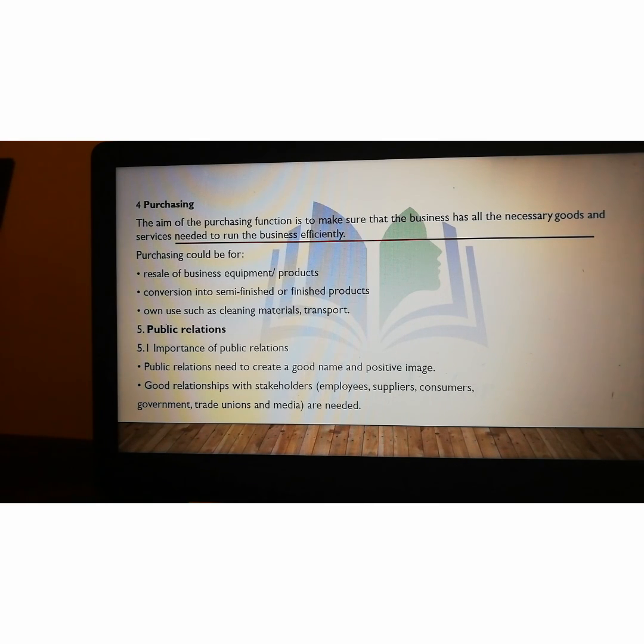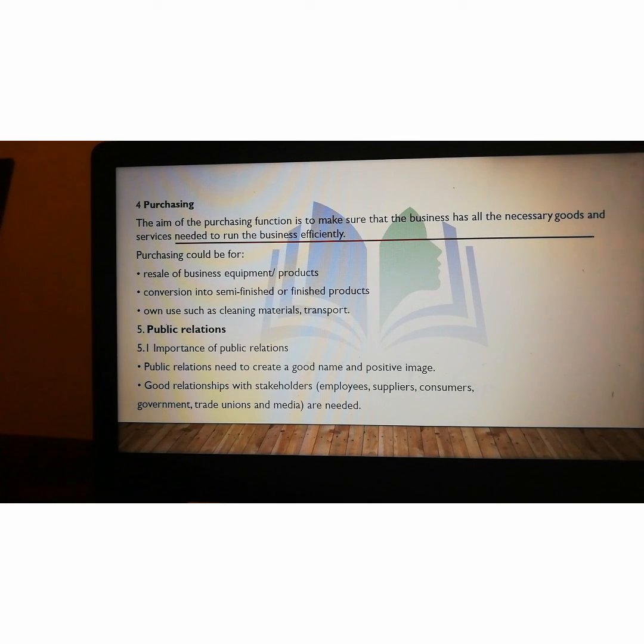Their workers are always late, or you go to a restaurant, maybe Spar, and the waiters serve you incorrect food. That creates a bad image for the business. So that's why public relations is a very important function of a business, because people see the business before they actually walk into the doors.